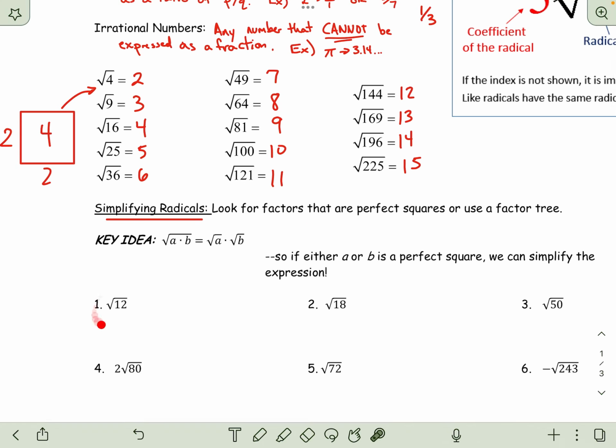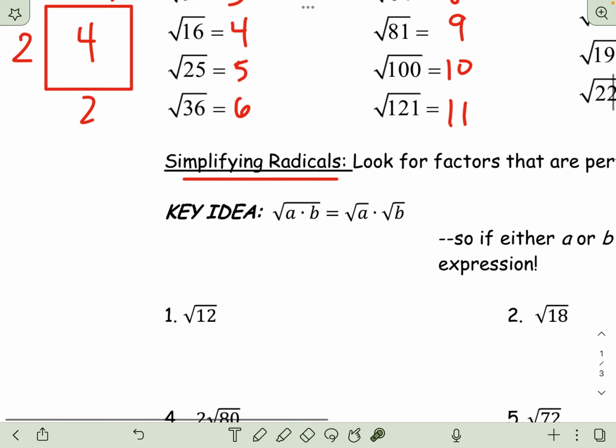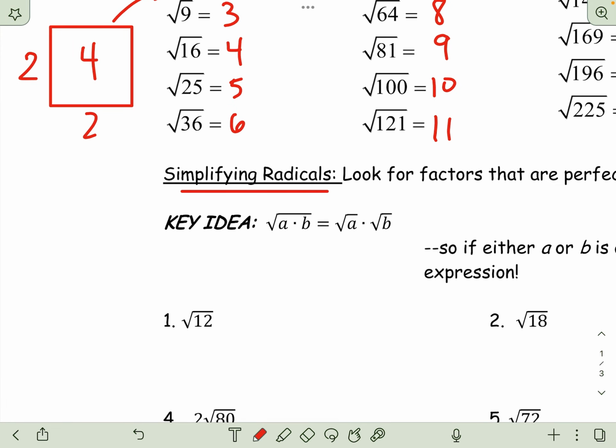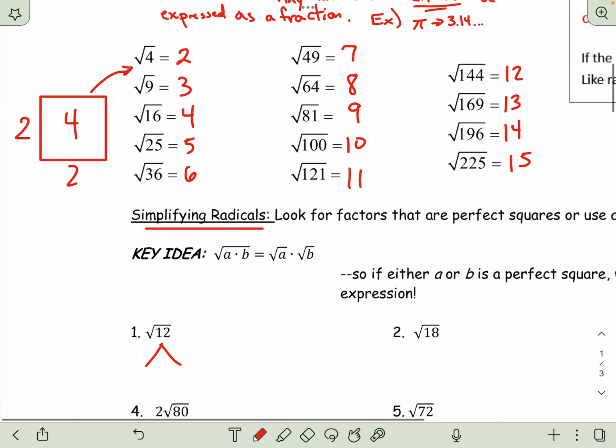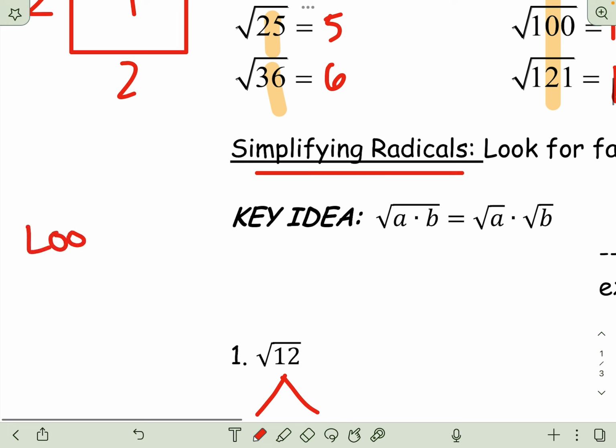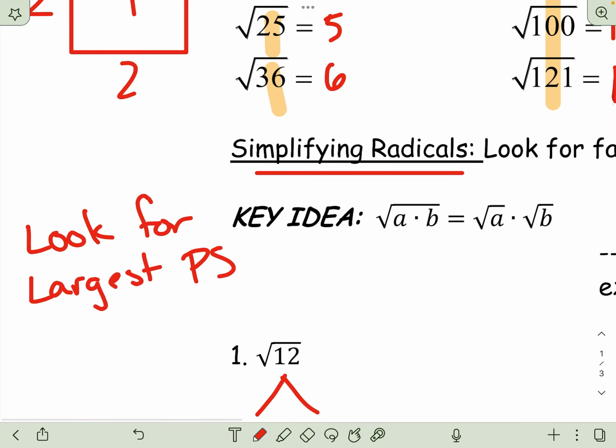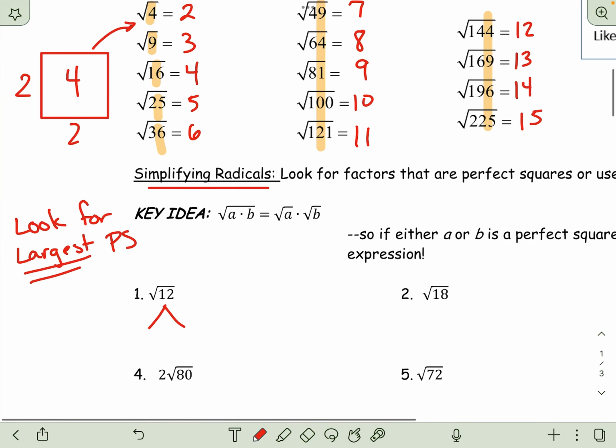So in this first example, in order to simplify radical 12, I know it looks pretty simple as is, we want to break this down. And we want to look at all of these perfect squares, 4, 9, 16, 25, 36, etc. And we're going to identify which is the largest perfect square that goes into 12.